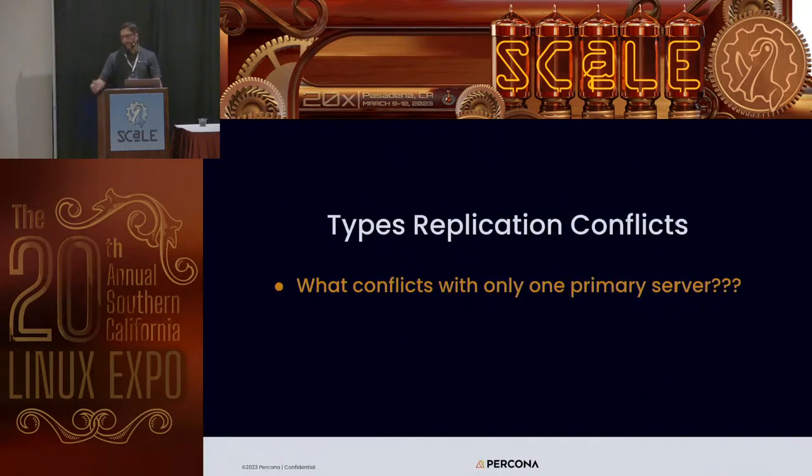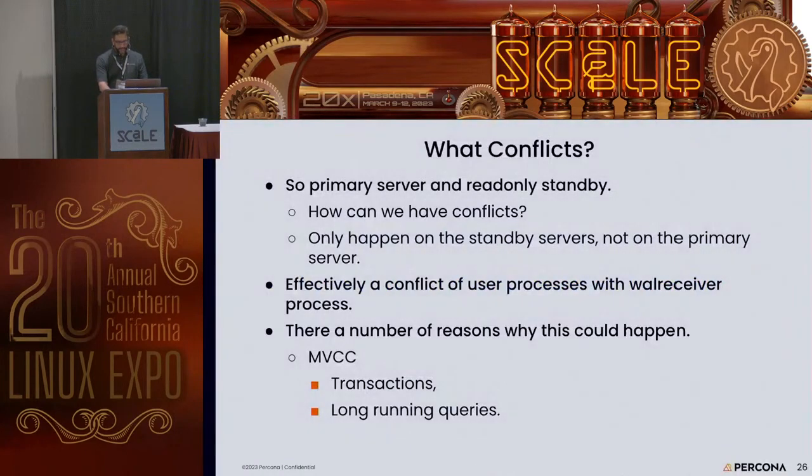So a physical streaming replication has one primary and standby. So where would the replication conflicts come in? The replication conflicts are never there on the primary server. They're on the standbys. So the primary has no challenge at all, so to speak. It can do read and write, and it's free to do whatever it wants.